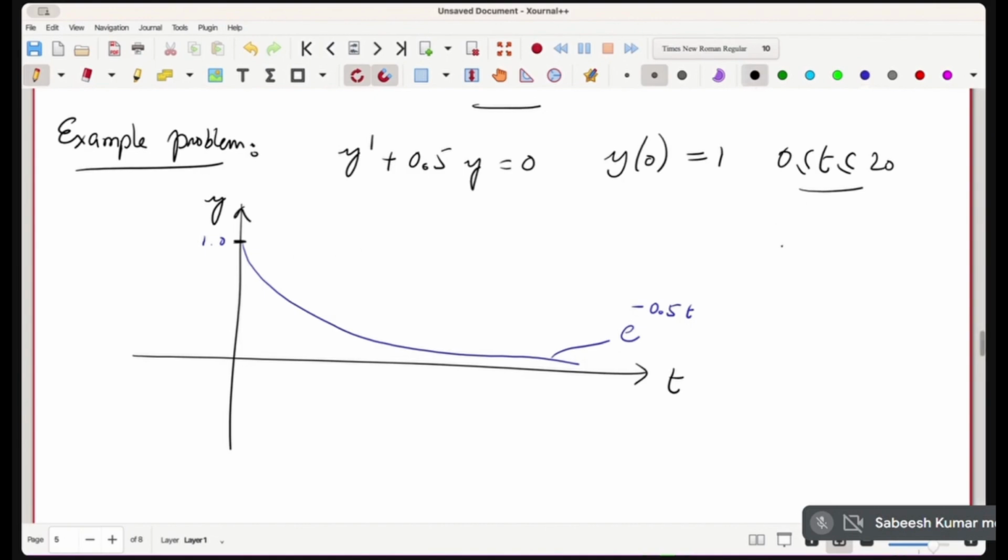Then let us say if I take time step of 1, okay, then that's going to basically go very close to the exact solution. So the time step of 1 might go something like this. Okay, I'm just drawing it here. So this is h equals 1. Let us say now, similar to the previous case, I take h equals 4.2.